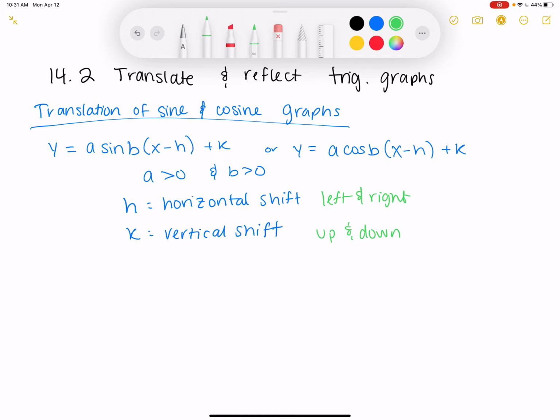Now, I don't expect you to write horizontal shift. I expect you to write right or left. I don't expect you to write vertical shift. I expect up and down. Making this really easy. Like, super easy.